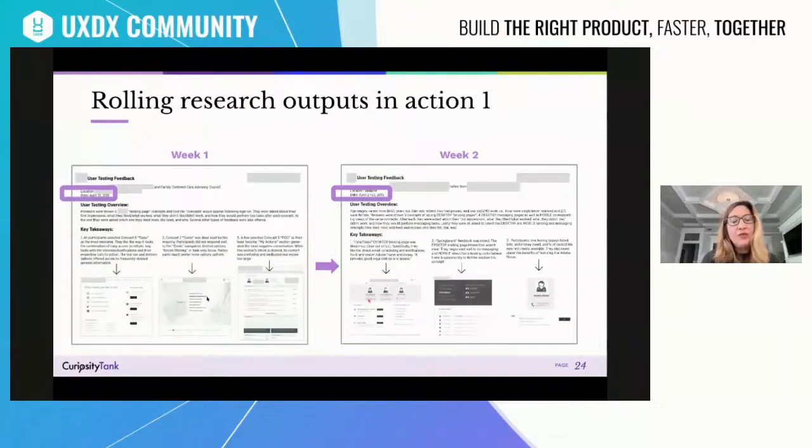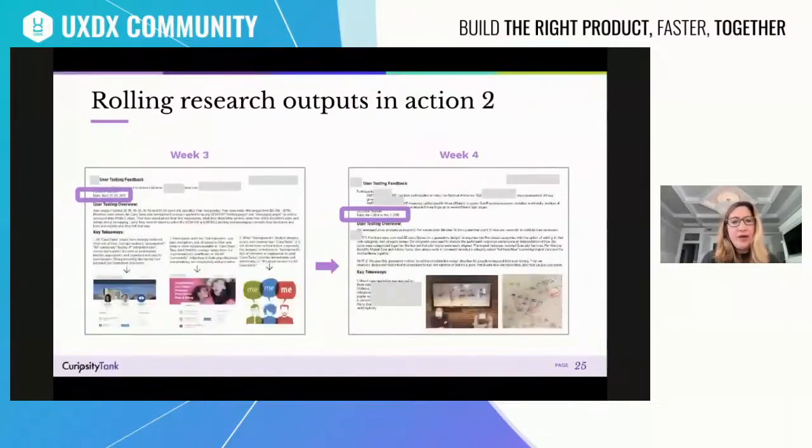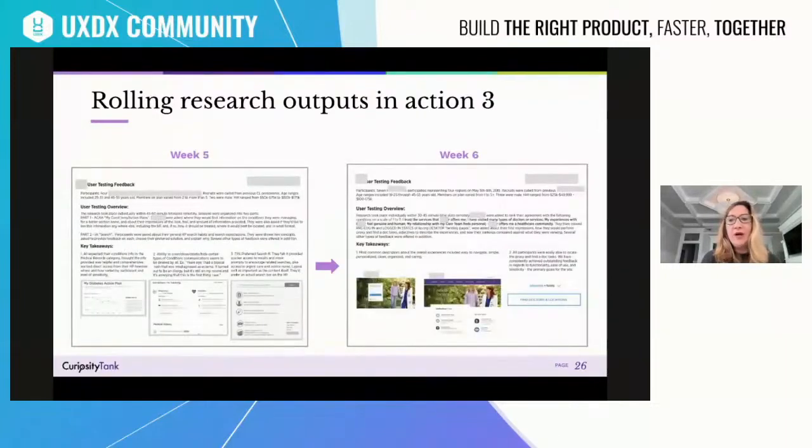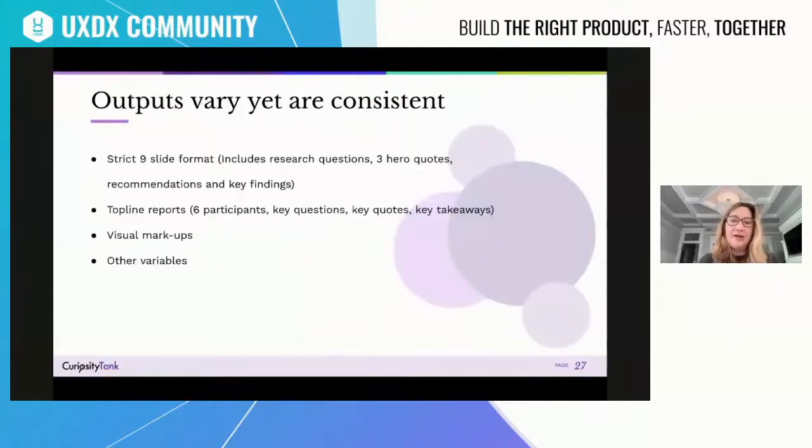Okay. Week 3, oops, I think I went backwards. There we go. And we're progressing in fidelity as we move through the product development cycle. But again, these deliverables are extremely simplified. You have to simplify something, a lot of things actually, in order to deliver on that cadence.